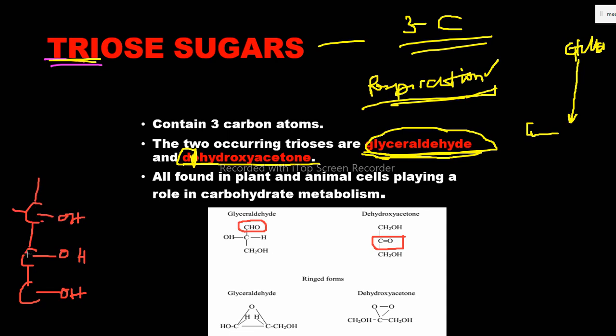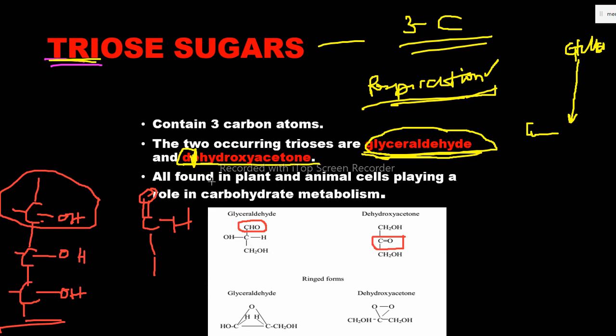Now if I oxidize this carbon 1, it will turn from an alcohol into an aldehyde group, and the rest are the same. And so this becomes, from glycerol, now glyceraldehyde.